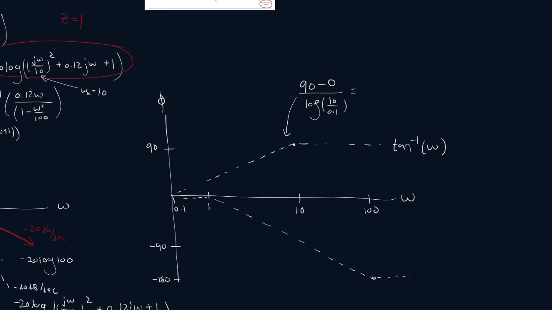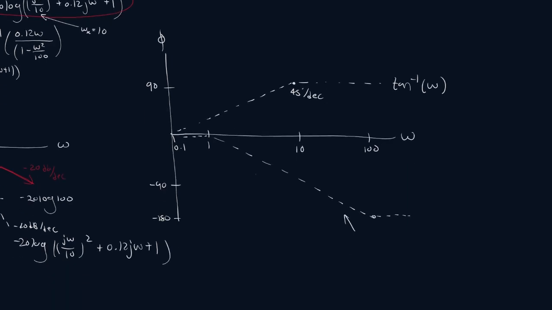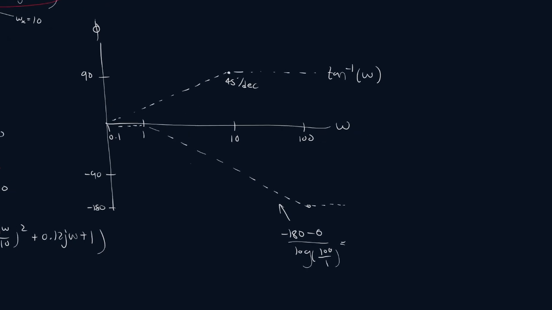And let me get my slope. And it's 45 degrees per decade. And for the slope for the other one, it's minus 180 minus 0 all over log of 100 over 1. And that's minus 90 degrees per decade.